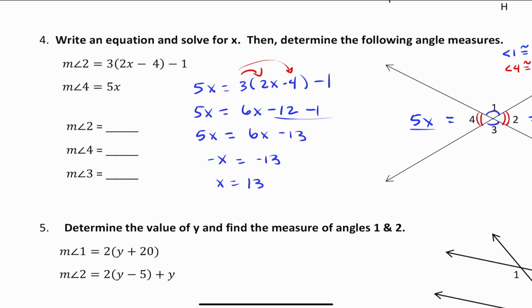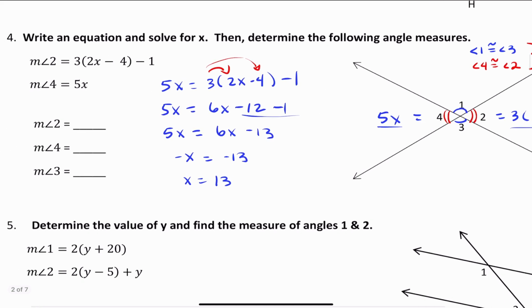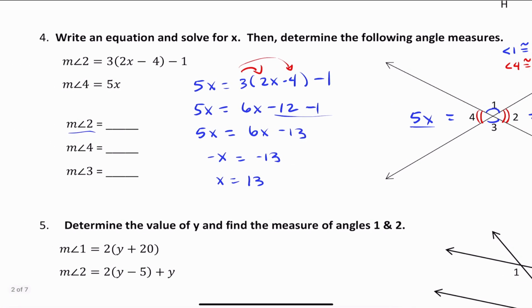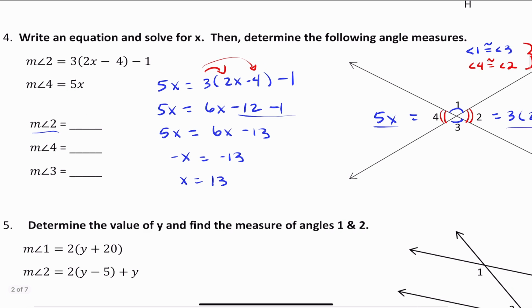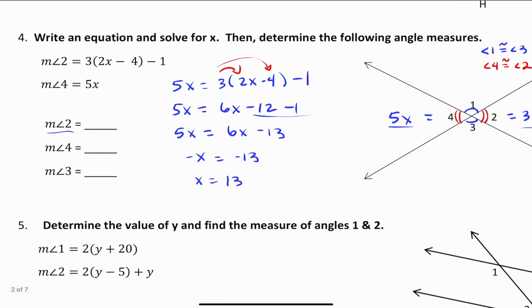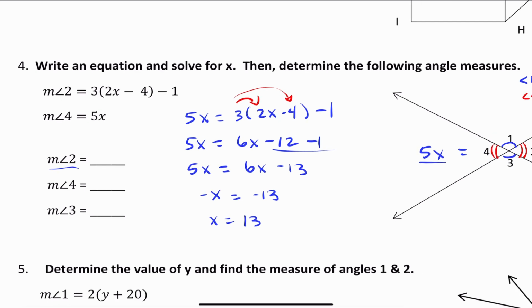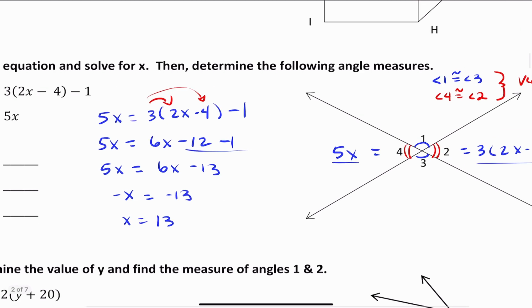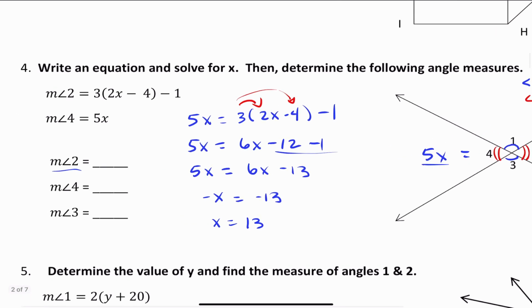You're not even done though, because now I have to figure out what the measure of angle 2 is. And this is the trick. This is a very, very long expression. Because I know that 4 and 2 are congruent, rather than taking x and plugging it in here, how about I just plug it in here?